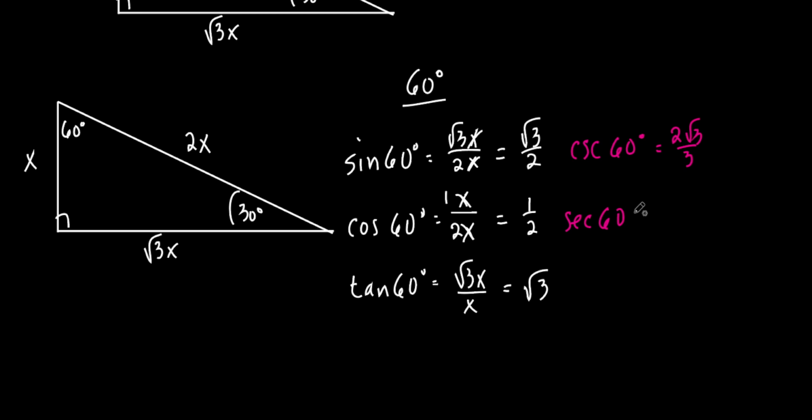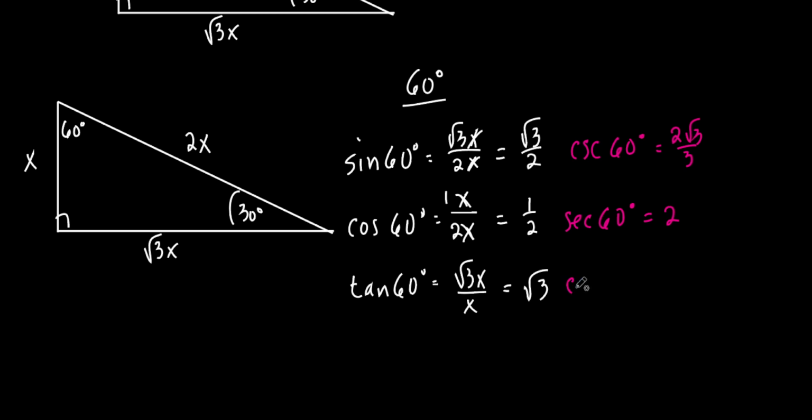Secant of 60. Yeah, you just flip this. It's easy. It's 2. I don't really have these inverse ones memorized. I think about which one they go to. I have the other ones memorized, and then I just flip it. I guess you could memorize them. That'd be fine, I guess. What is this one? Yes.